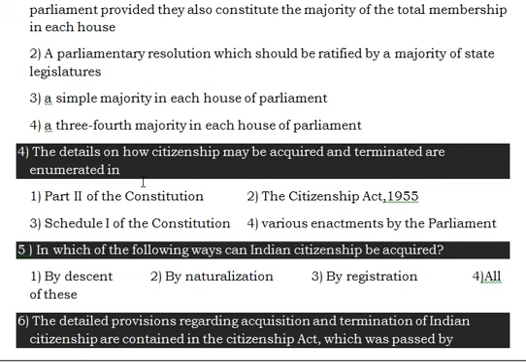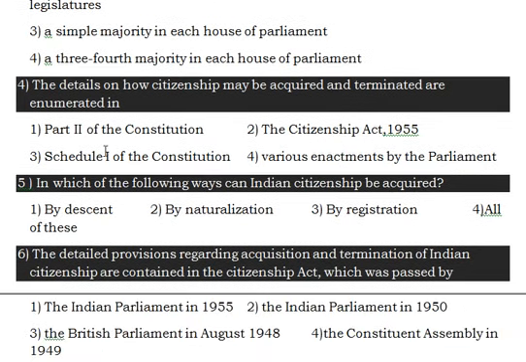So Part 2 of the constitution empowered Parliament to make laws regarding citizenship. The Parliament made an act, the Citizenship Act 1955. Don't confuse it and don't put the answer as Part 2 of the constitution. It's not Part 2, it's the Citizenship Act 1955.